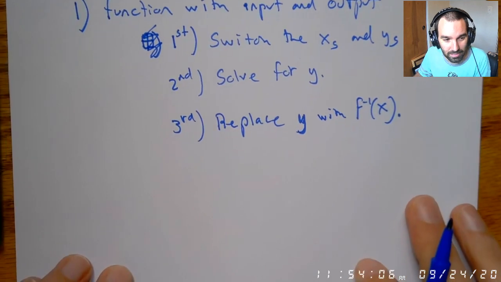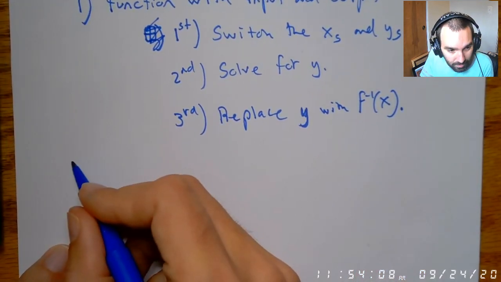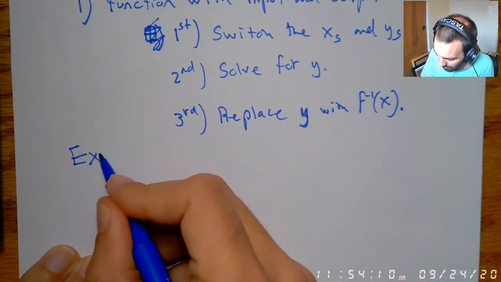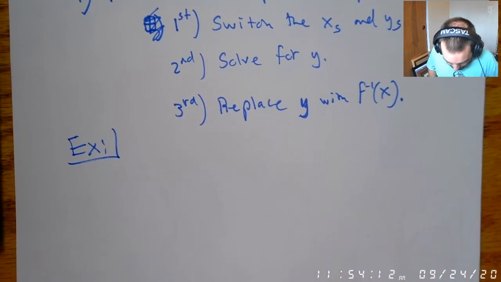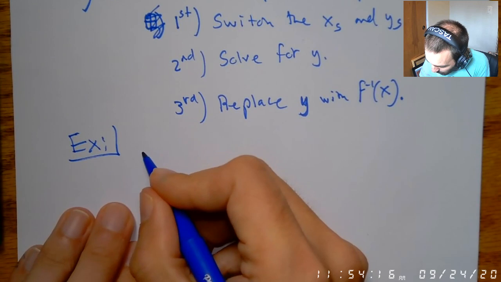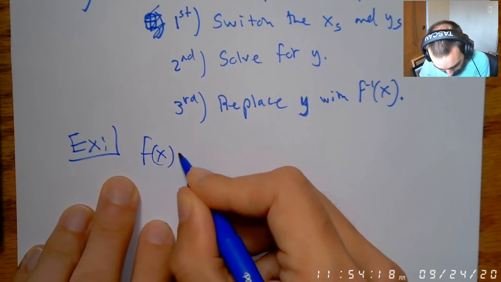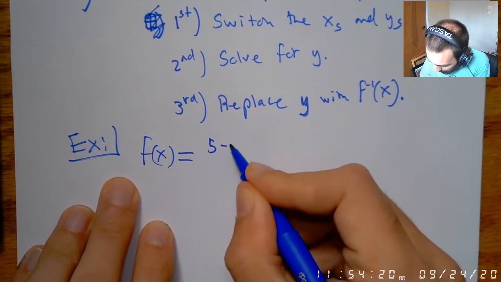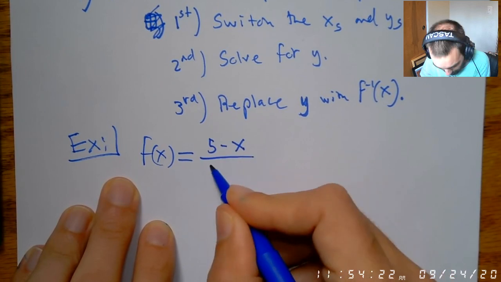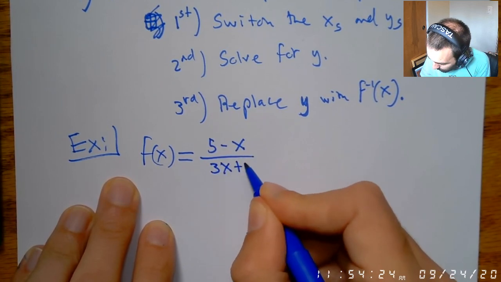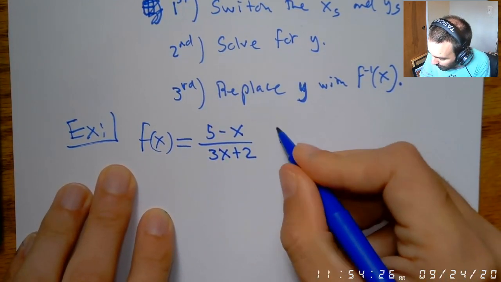So what we need is some examples. Let's do a couple of examples together and then see how we're doing. We have f of x equals 5 minus x over 3x plus 2, and we're going to find the inverse.